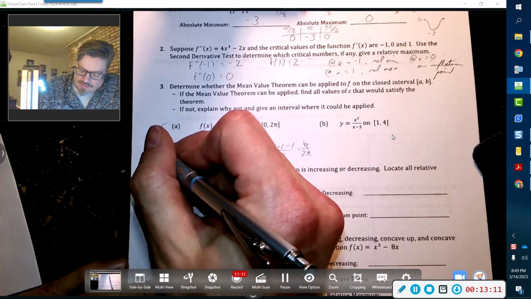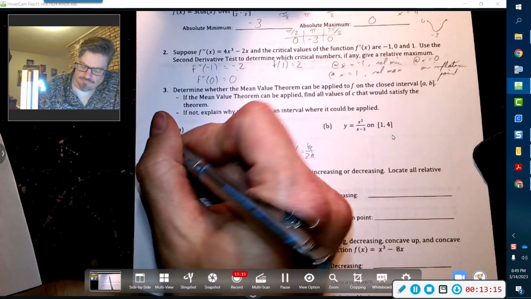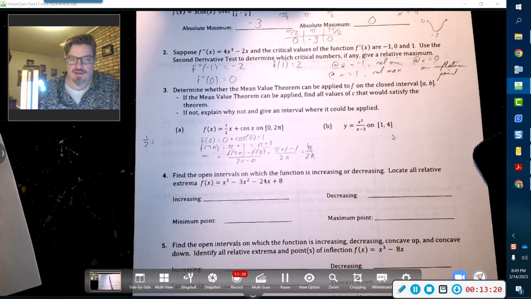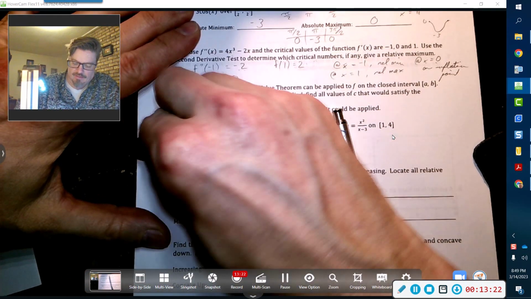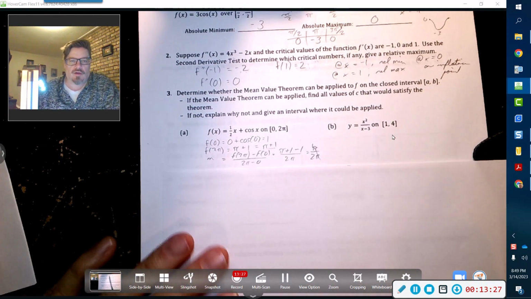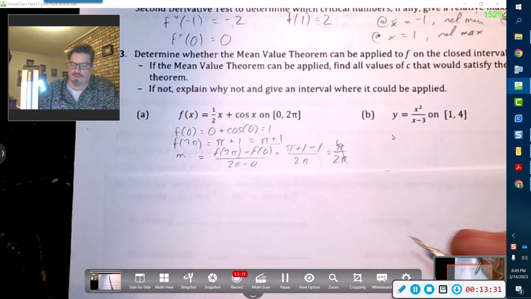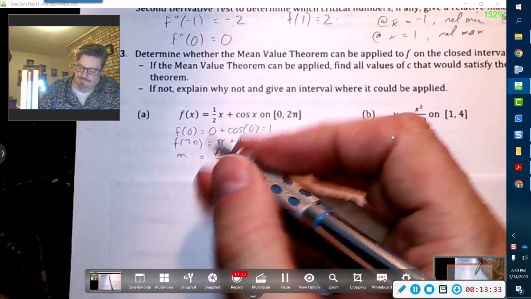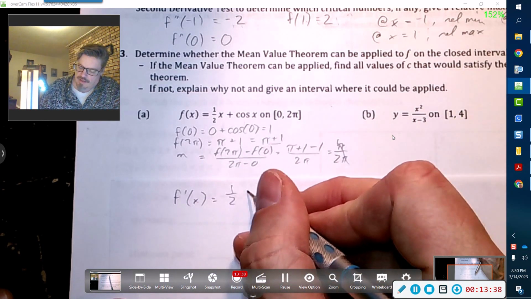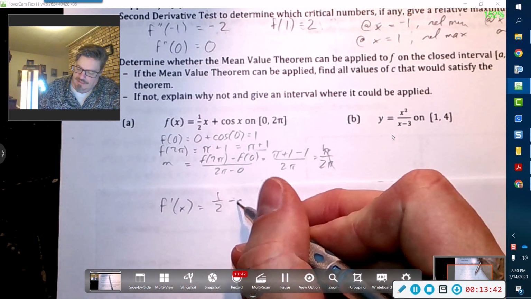So this means 1/2 equals the derivative. Actually, let's do it like this. I'm going to take a sheet of paper here and zoom in a little bit. So the derivative is 1/2 plus, that's going to be negative sine.